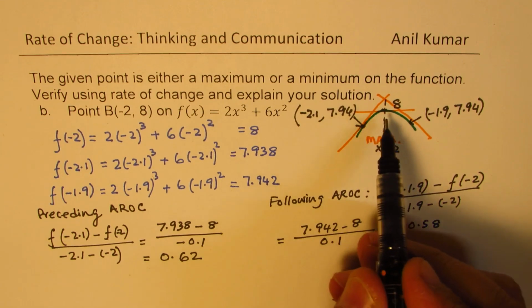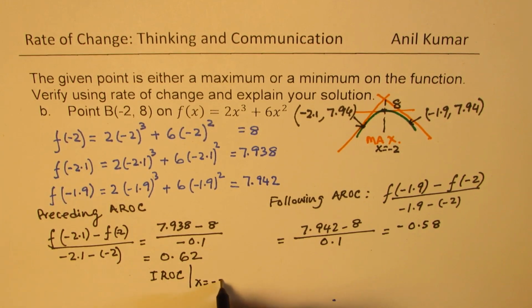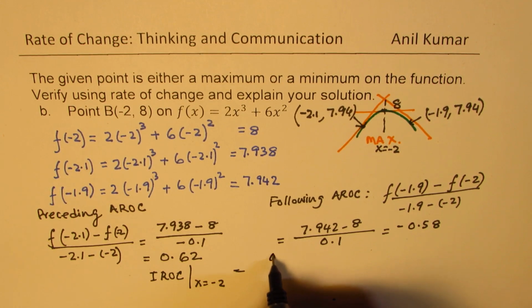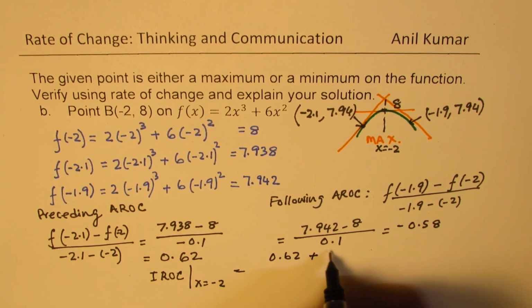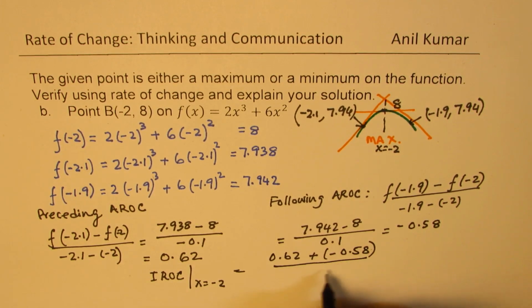So what is the instantaneous rate of change when x equals -2? It is the average of these two. So we'll just add them up: 0.62 plus (-0.58), divided by 2.